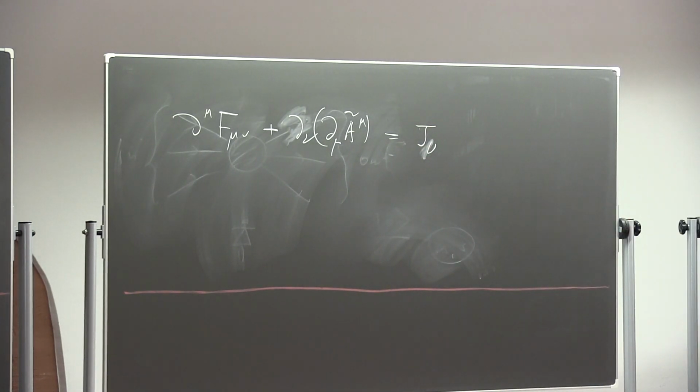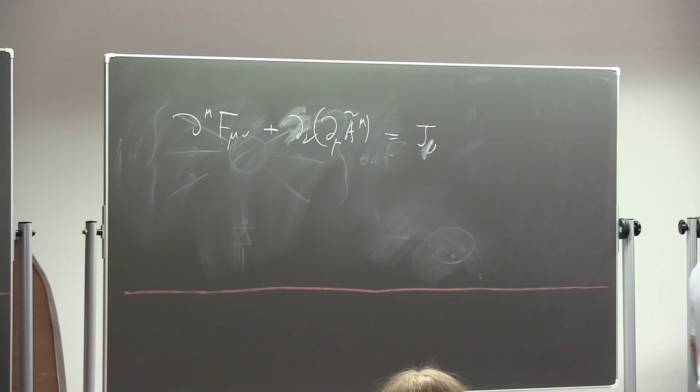One thing I want to remind you, that was the case in Maxwell. In Maxwell, notice the following: if I take the divergence of this equation, since the divergence of F mu nu vanishes because it's antisymmetric, the left-hand side vanishes, and so the right-hand side of course should also vanish. This gives me the condition that the source is conserved.